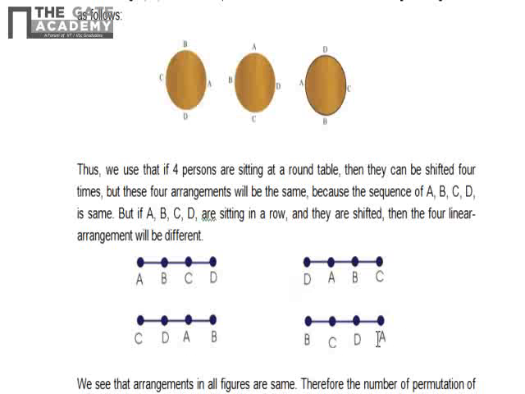That means the clockwise thing and the circular thing are coming together.